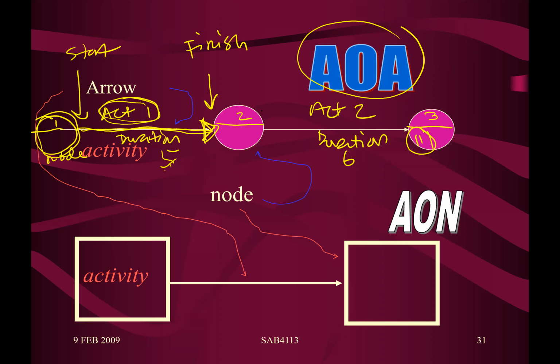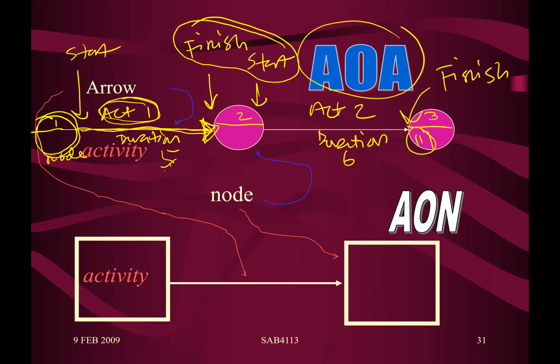Similarly, the next activity indicates start here on the left side, and finish here. You notice the wording here, finish, start. When activity 1 finishes, then immediately activity 2 will start. So the relationship name is what we call finish to start.